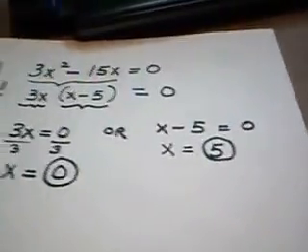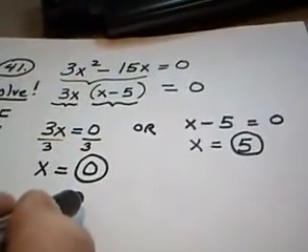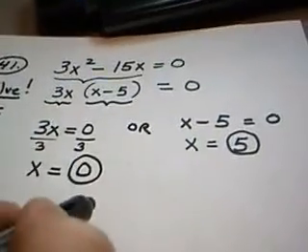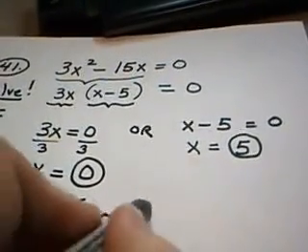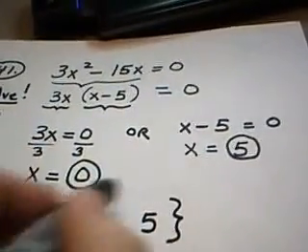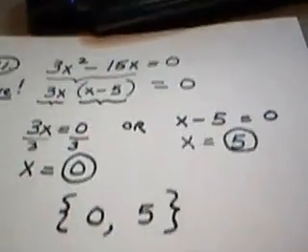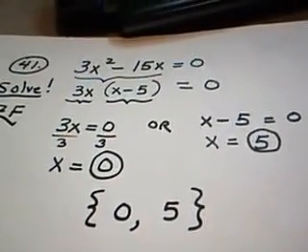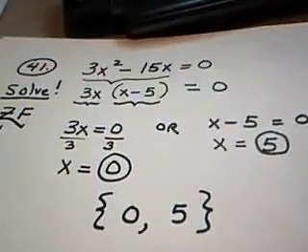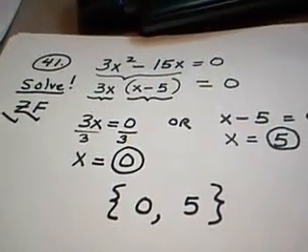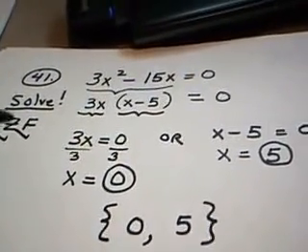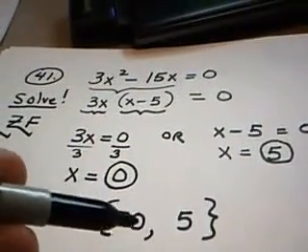So we have two solutions to this equation, and a lot of times your future instructors will like to see you write these solutions in roster method, meaning write them as a solution set. So we put our set brackets, and we have the solution set being the set with the numbers 0 and 5.